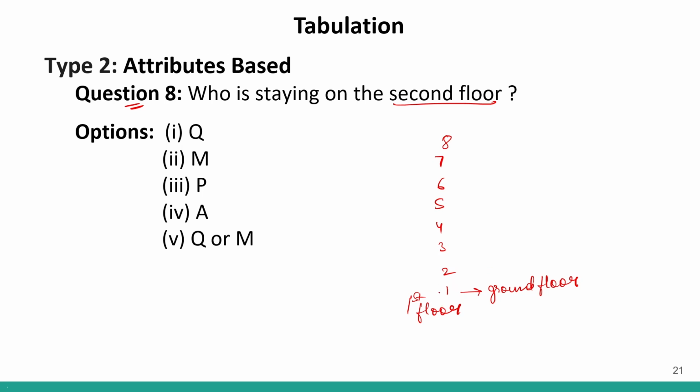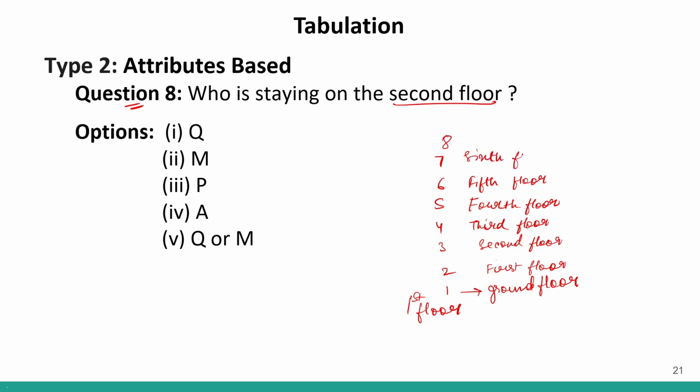First is, if I go by this, this is the ground floor, this is the first floor, this will be the second floor, this will be the third floor, this will be the fourth floor, this will be the fifth floor, this will be the sixth floor, and this will be the seventh floor if we go by this logic, correct?